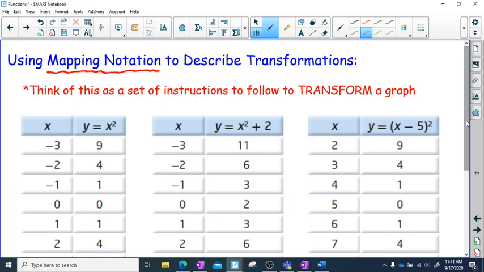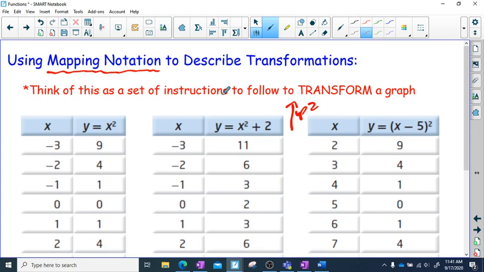Well, if I examine a base function, so this is y equals x squared, and I look at the x values and the y values, and then I said to you, I want to look at x squared plus 2. So without looking at these tables, you should be able to tell me that's going to move my graph up 2 units. Well, I want you to think about taking a graph and moving it up 2 units.